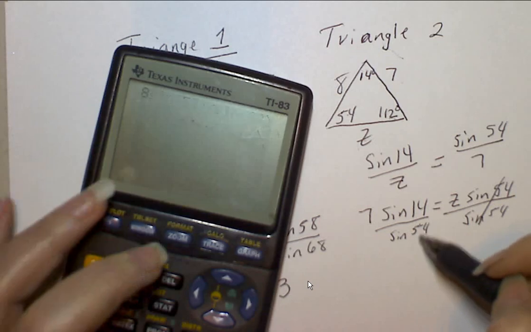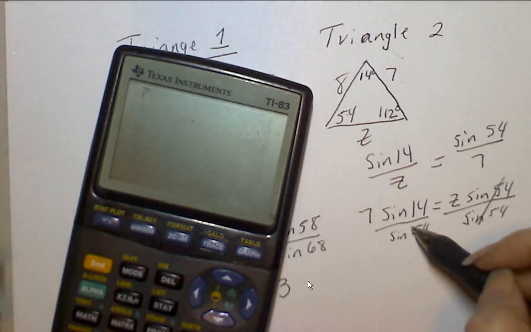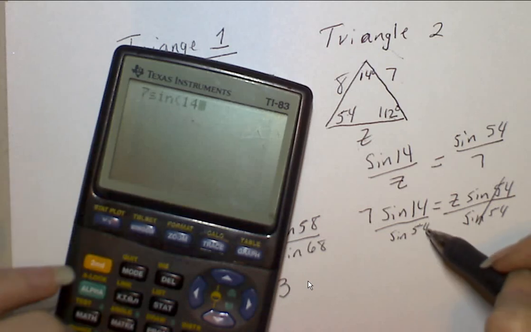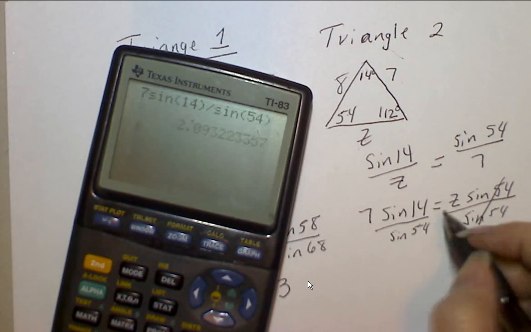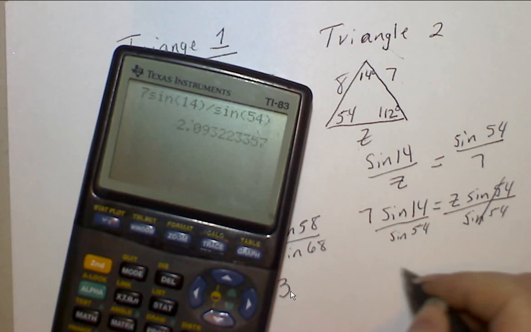So 7 sine 14 divided by sine of 54. So z is equal to 2.1.